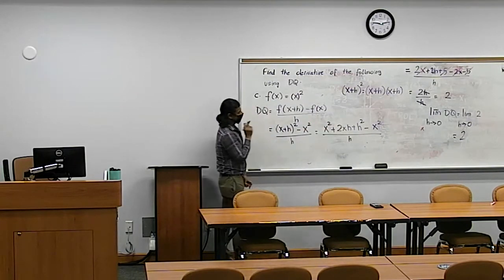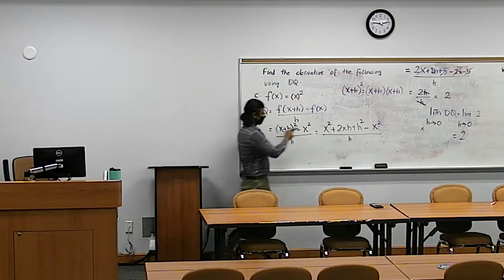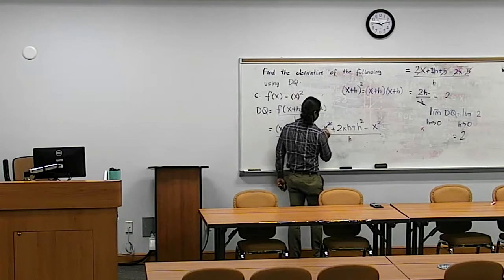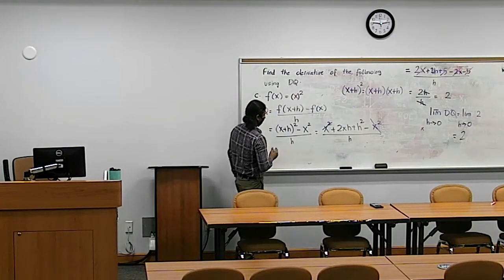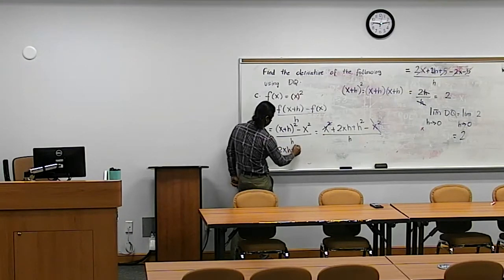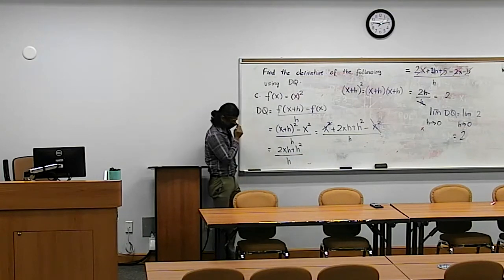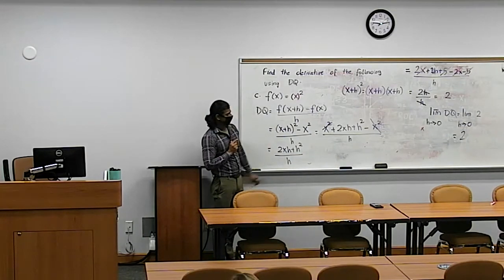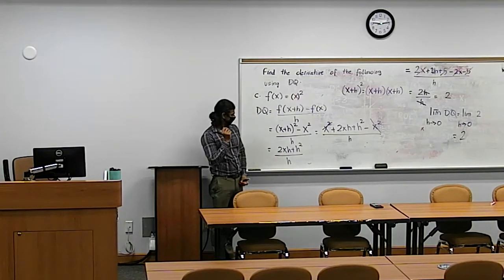Can we simplify that? The x squares would get cancelled. We will have 2xh plus h squared over h. What do we have in common in the numerator? h.